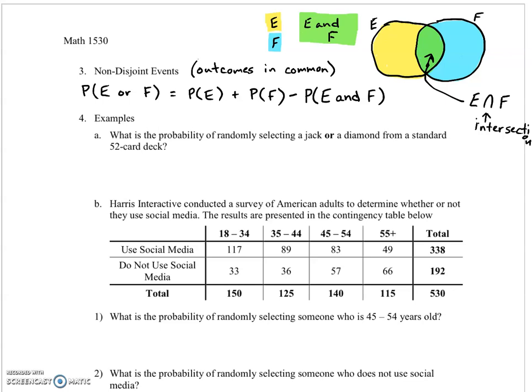So how does this work? What's the probability of randomly selecting a jack or a diamond from a standard 52 card deck? So we have the probability of jack or diamond.